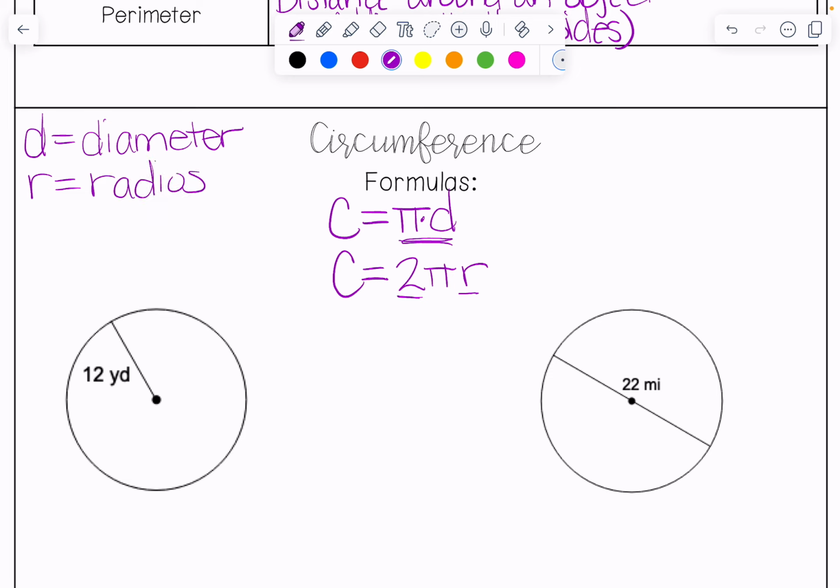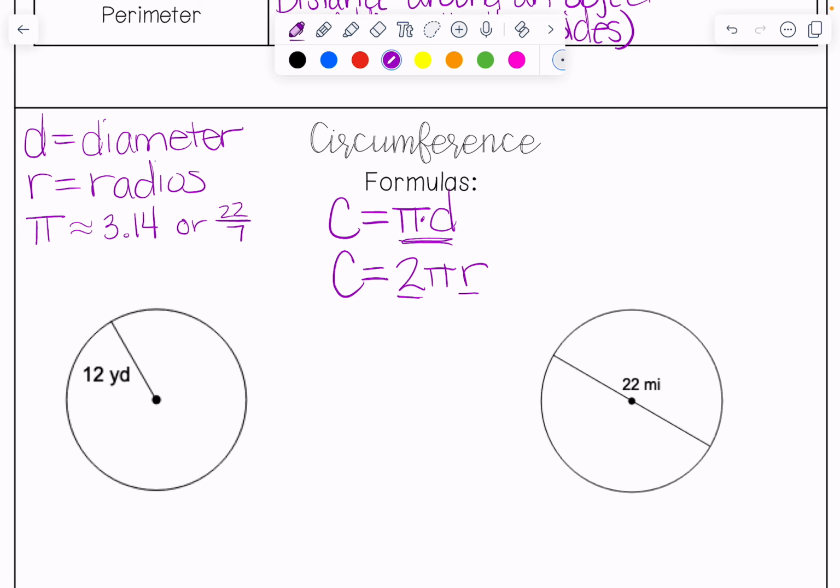And then when we talk about pi, some of your calculators might have a pi button on them. Typically, we will just round pi off to be 3.14. Or if we have fractional numbers, 22/7 is the fractional answer there too, okay?